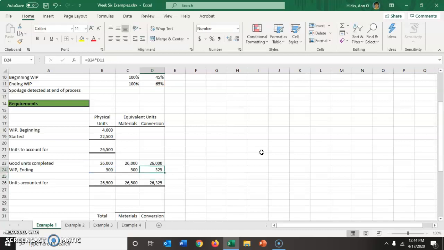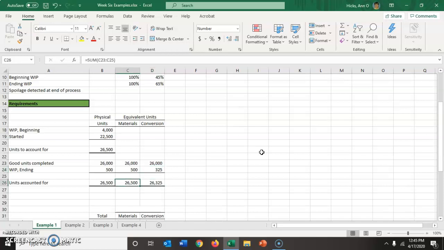So equivalent units for conversion costs are 325 or 65% of 500. So what we're effectively saying there is the work that we've done on these 500 units is equivalent to the work we would have done if we had totally finished 325 units.